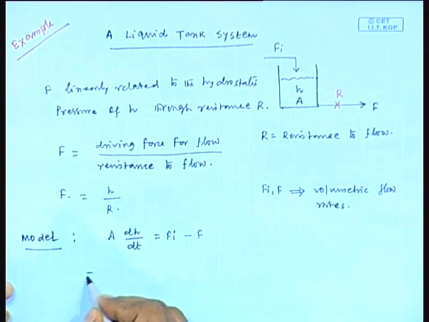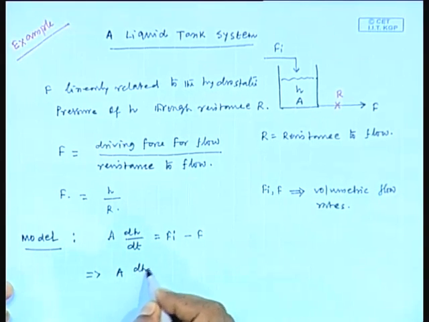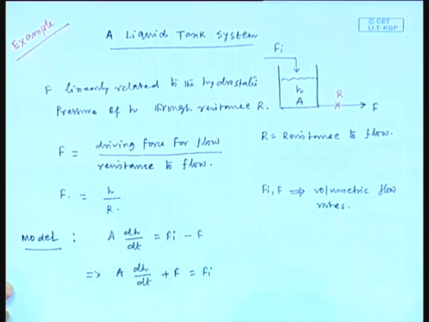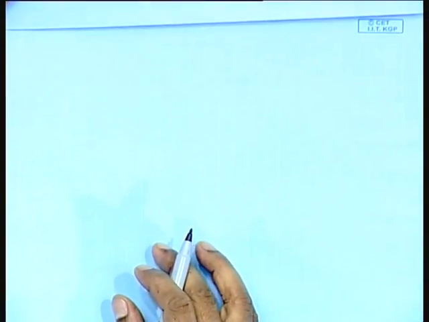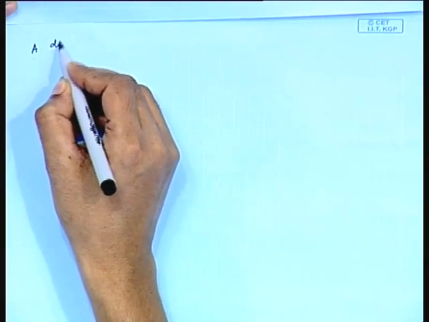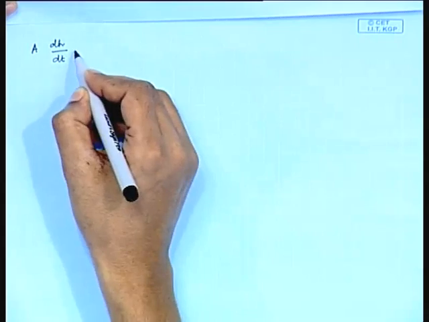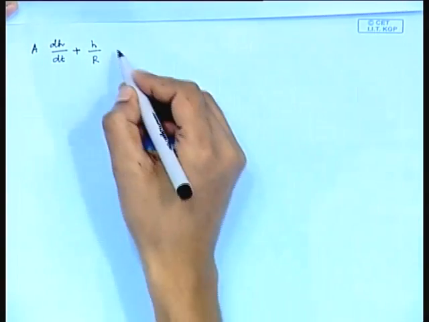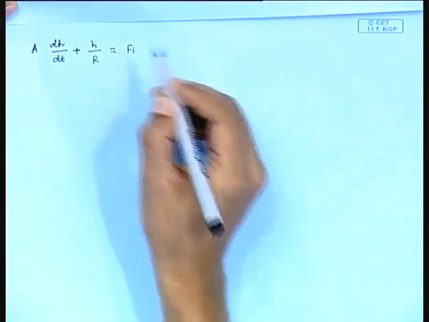Now, if we rearrange the modeling equation, we get A dH dt plus F equal to Fi. Now, we will substitute F equals to H by R. Then we get A dH dt plus H divided by R equal to Fi.